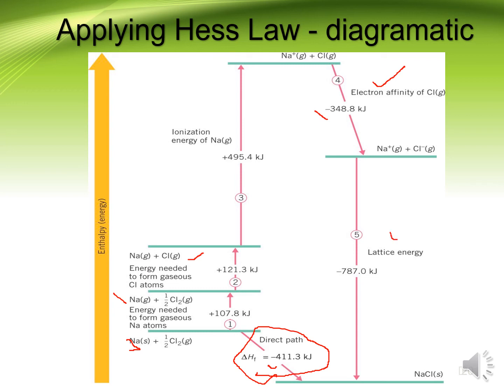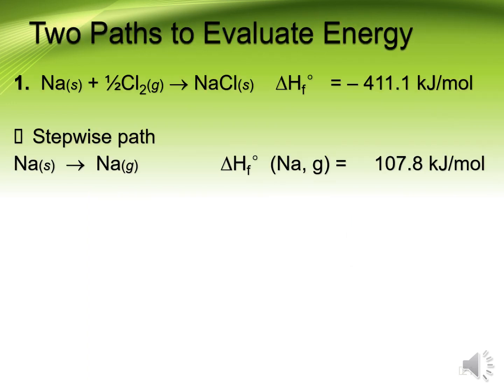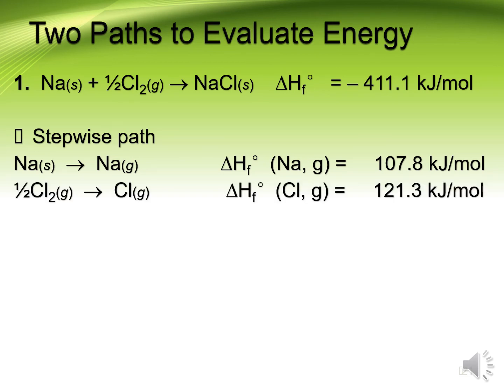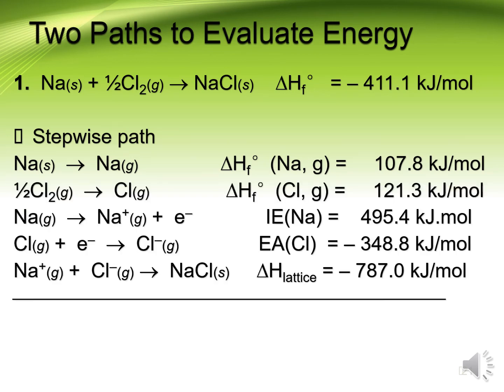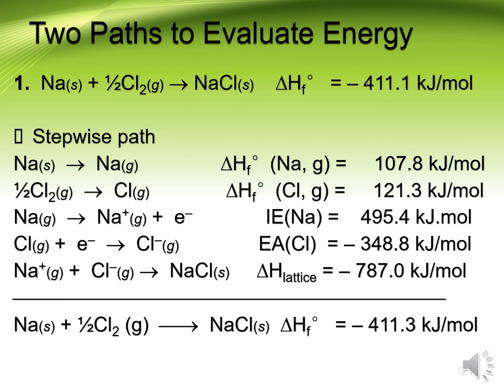Here the term lattice energy is the energy released when an ionic compound forms from gaseous ions. Try to calculate all the energy in each step, then you will get the delta formation for the reaction.